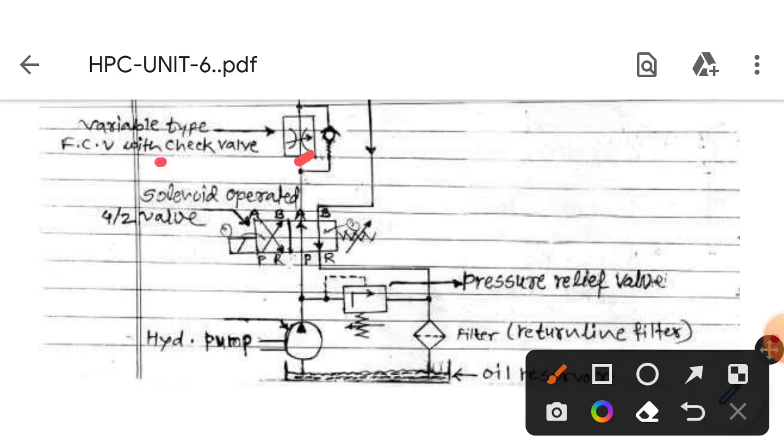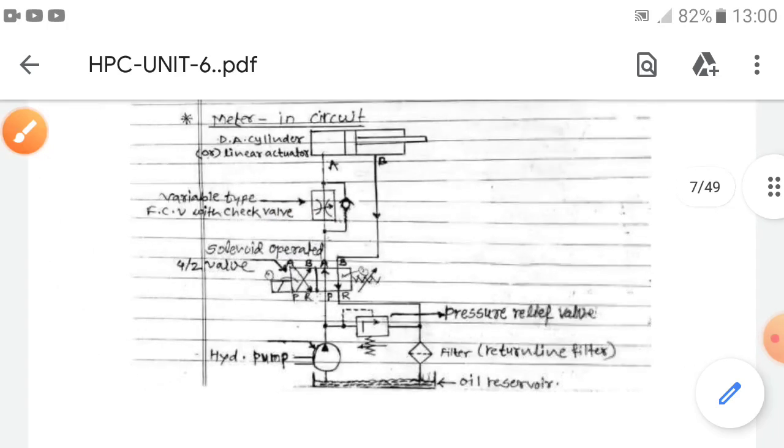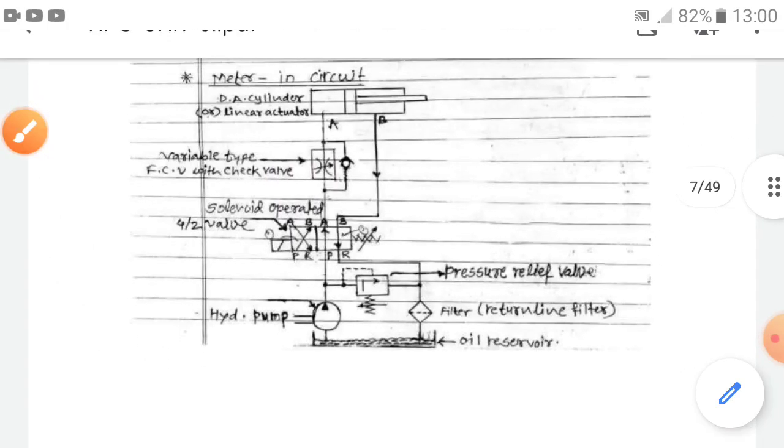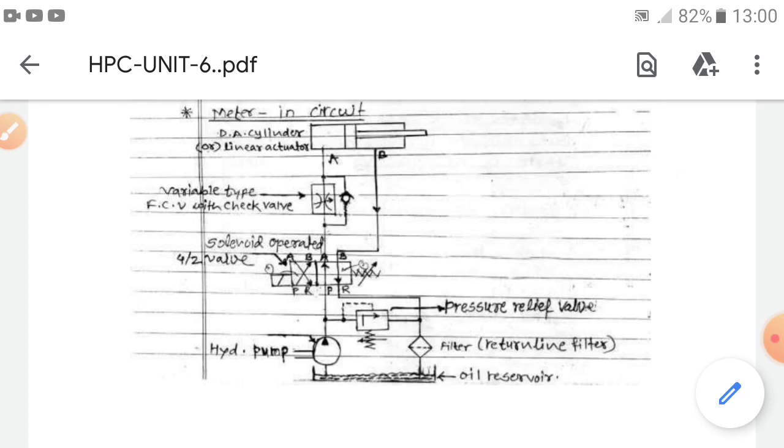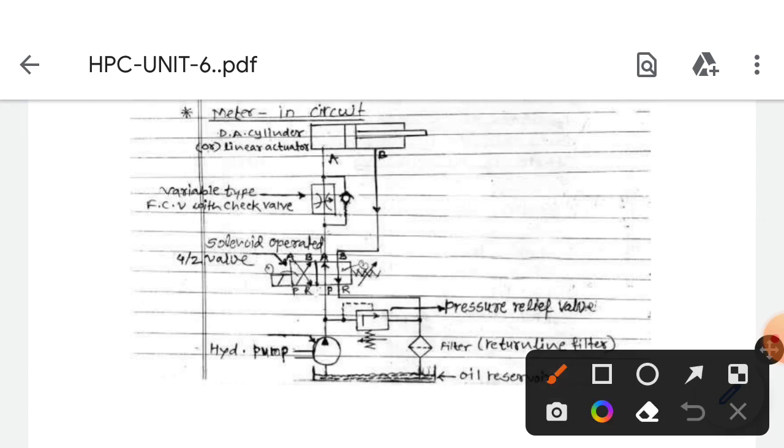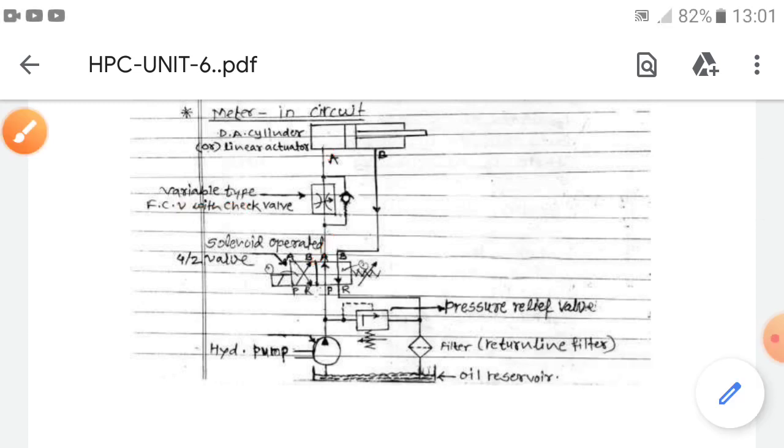We can use the flow control valve in between directional control valve and actuator on the suction line. That type of circuit is known as meter-in circuit.